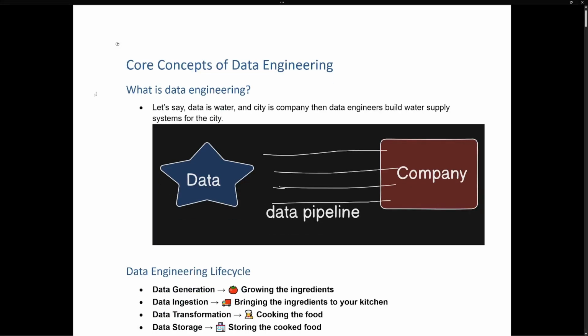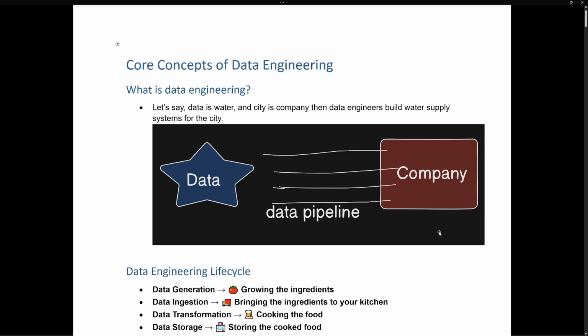So first is, what is data engineering? We can just take an example of a water supply system. In this case, data is going to be your water and the destination will be the company or end user. So data engineering is nothing but how it is flowing from source to destination, or you can say how it is flowing from the water supply system to your house.